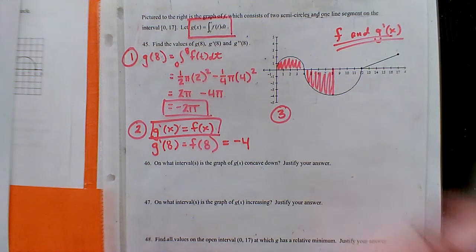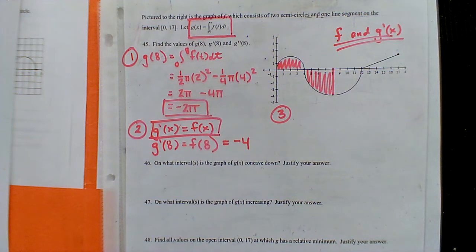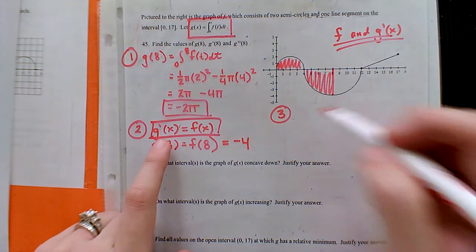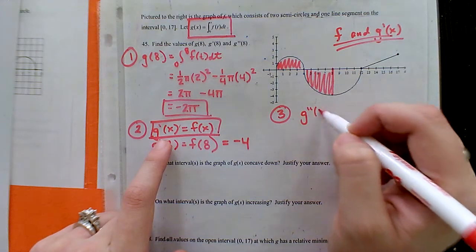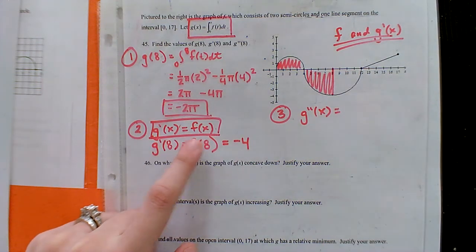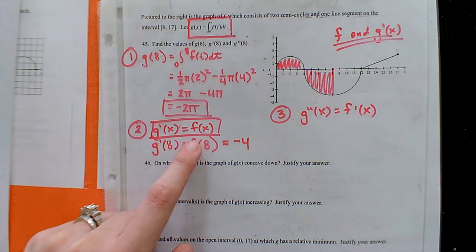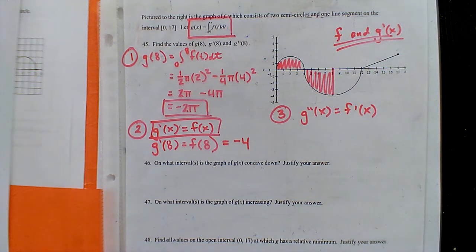Let's try this third value they want us to find. Okay, the second derivative of g. In order to figure out a second derivative, you have to take the derivative of your first derivative. Let's go ahead and reference that in number 2 here. So the second derivative of g is the same as the first derivative of f. We're going to take the derivative across that equation.